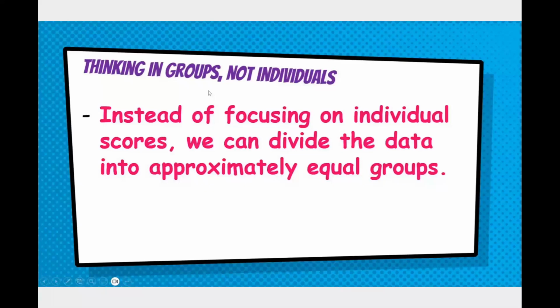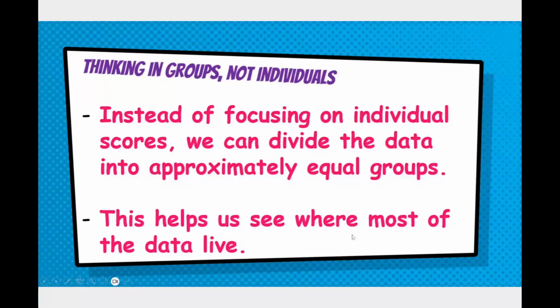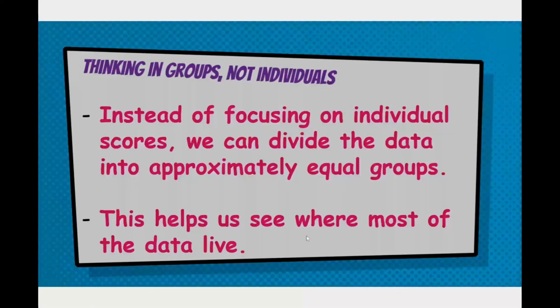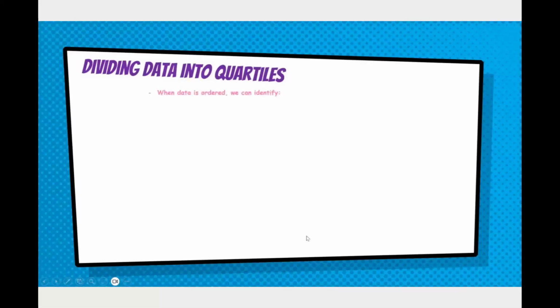Thinking in groups, not individuals. Instead of focusing on individual scores, we can divide the data into approximately equal groups. Hopefully this will make sense in a second when we do it. This helps us see where most of the data lives in these different intervals. We're going to start by dividing data into what are called quartiles.